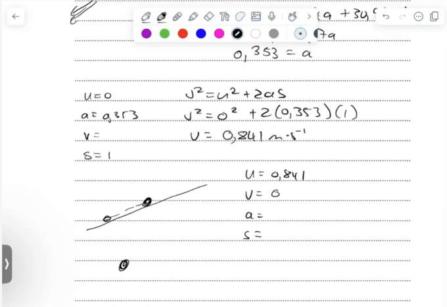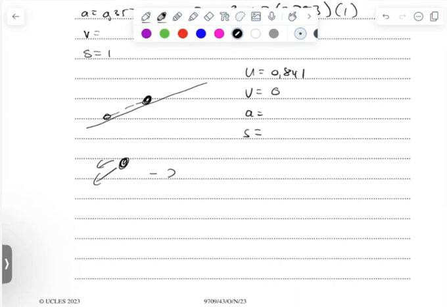We no longer have anything pulling it up. We've only got our weight and our friction pulling it down. Minus mg sine 20 minus mu times R. Okay, so this is going to give us a new acceleration.